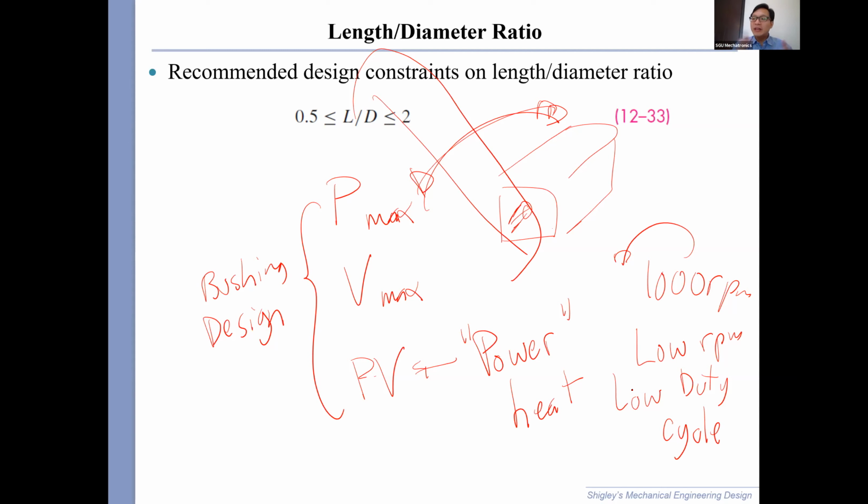Industrial, you can use it for 8 hours a day, 30 days a month, okay? That's the difference, duty cycle. So low duty cycle, low RPM is bushing. Go with bushing, not ball bearing, okay?